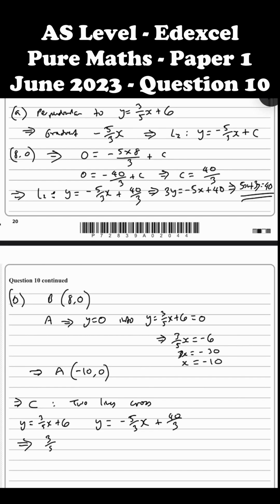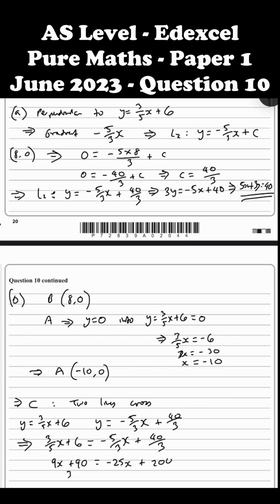Therefore, we're going to do 3/5 x plus 6 equals minus 5/3 x plus 40 over 3. So we're making them equal each other so we can work out x. I'm going to times everything through by 15 just to completely clear out the denominators here. So that's going to be 9x plus 90 equals minus 25x plus 200.